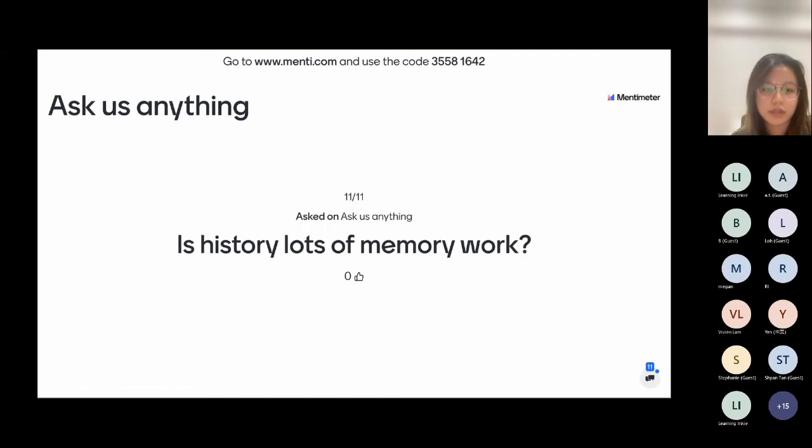As I mentioned earlier, with history you can just remember a summary of each event and then write it out again. To me it was like writing a story, so it didn't take as much effort to memorize all of the stuff. But maybe for specific dates or specific events, it would be a bit difficult. Other than that, I think it's fine.